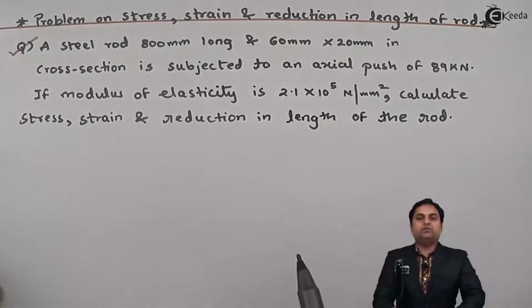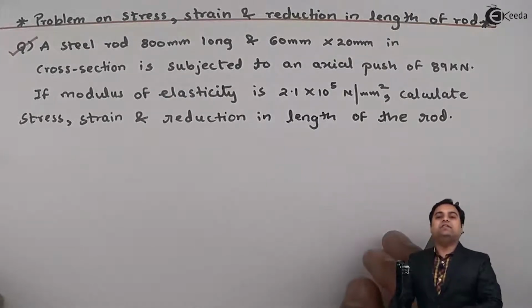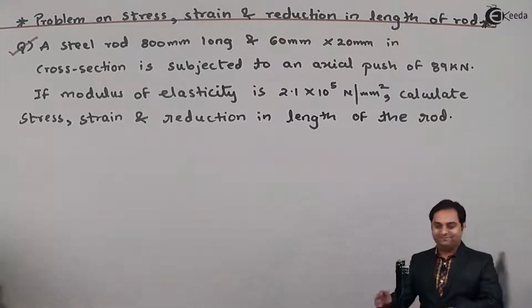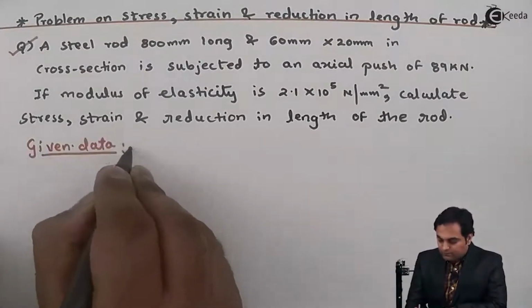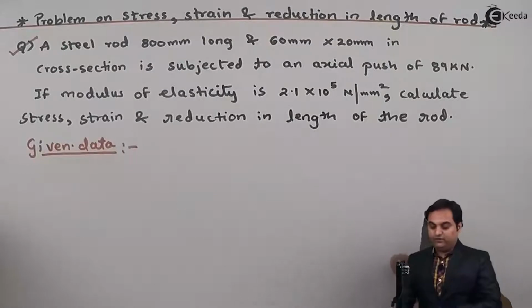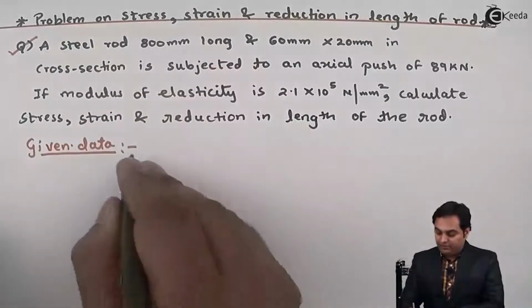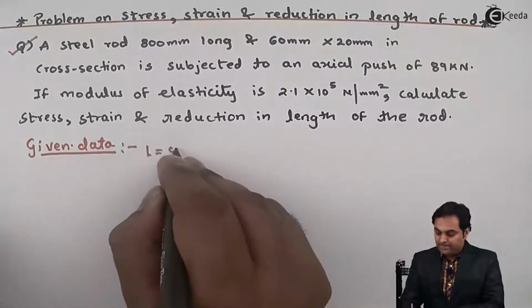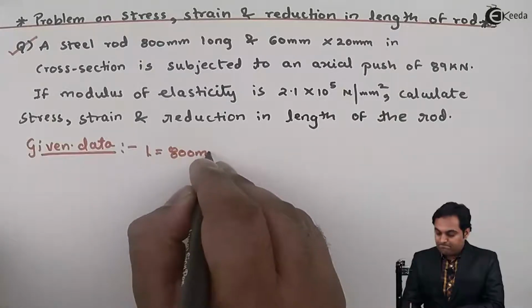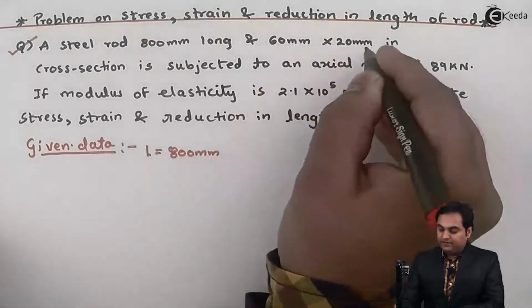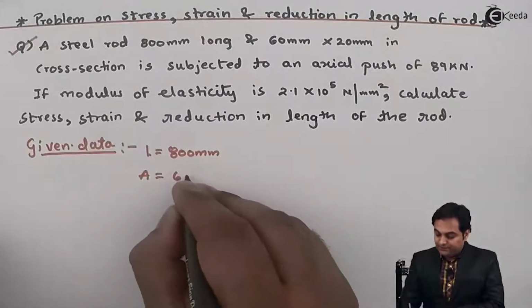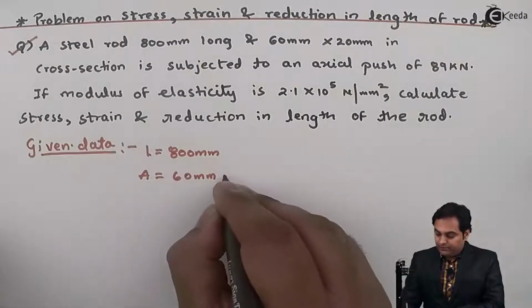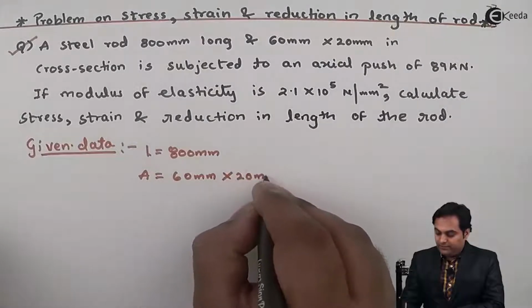So this is the question. Whatever is given here, I will write that in the form of data first. In data, first I will write down steel rod 800 mm long, so length is given, and area is given, that is, it is 60 mm into 20 mm.